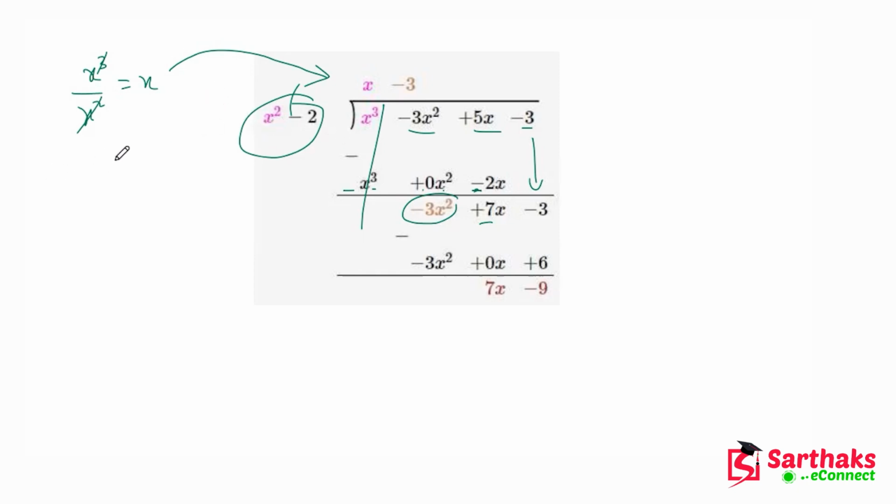Now we can again divide, so minus 3x square divided by x square, we get minus 3, and this goes again in the quotient.